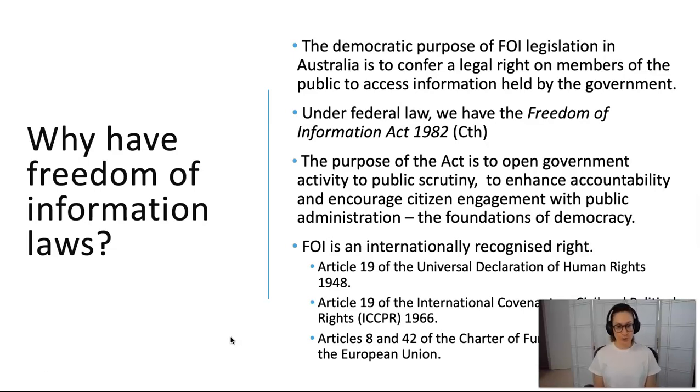Under federal law, the Freedom of Information regime is governed by the Freedom of Information Act 1992, and the reasons for the legislation are contained in Section 3, which is the objective section of the Act.